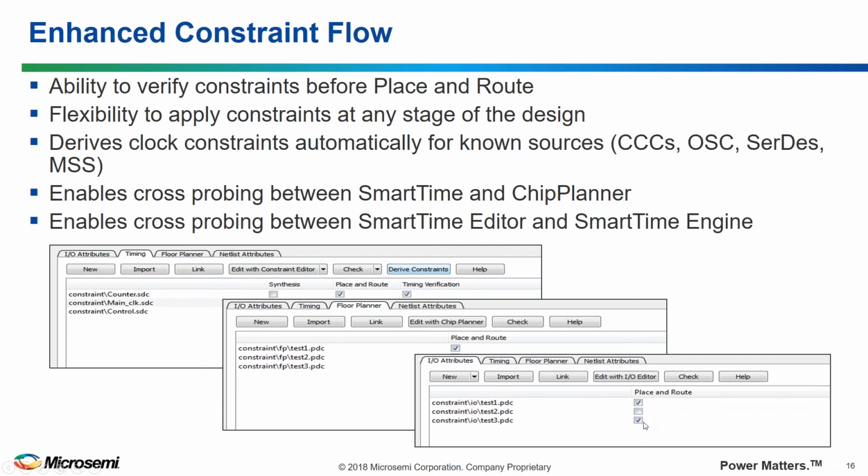Early in the broadcast, I mentioned the design flow and the constraint step after we've completed design entry. So Libero SoC PolarFire includes something called the Constraint Manager, which has different tabs that allow you to go in and create constraints that can be used to constrain your IOs for layout, do floor planning, or create timing constraints, and then you can specify which tool should be using these different constraints.